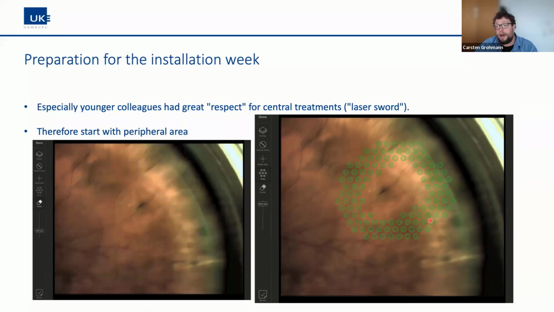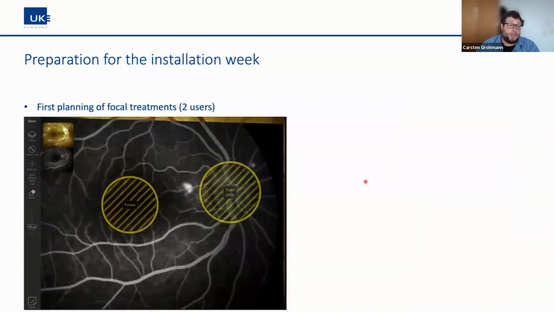Or this way, we had a look at different contours over here in the iPad app and discussed the possible ways later. This was the first approach over here. And the first planning of focal treatments for 2 users.